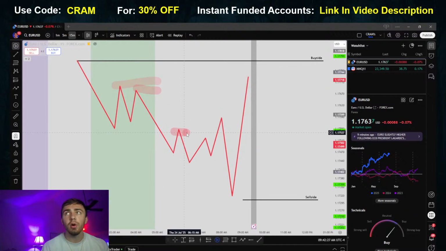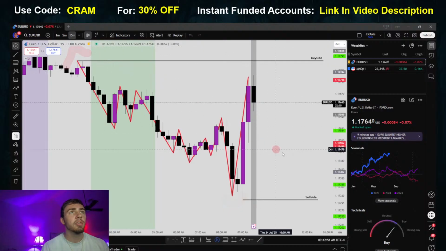You can see all of these have been taken if you look right here with this move. Now we need this to be taken because it hasn't been taken, and then we can go the other way, or this, because these are the only two points right now in our market structure that have not been taken. Even on the sell side, all of these have been taken up until this point, this point, and this point. That's what we're looking for.